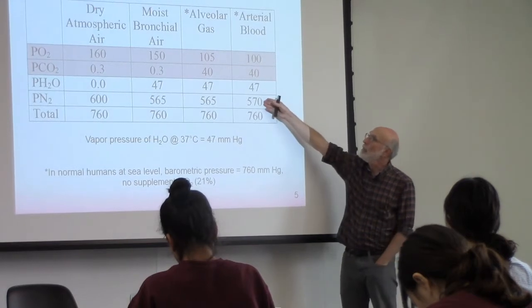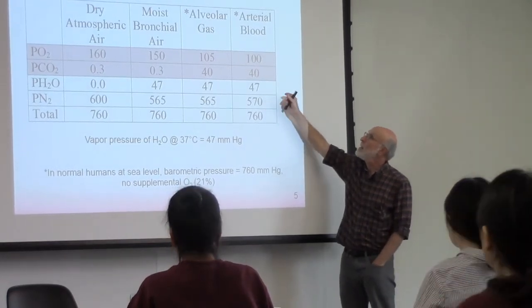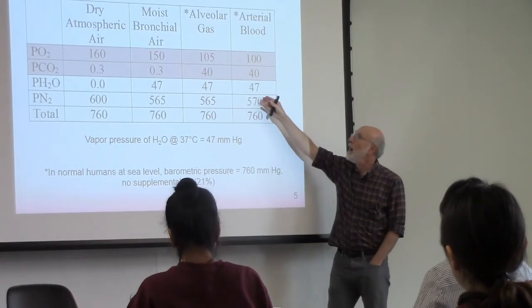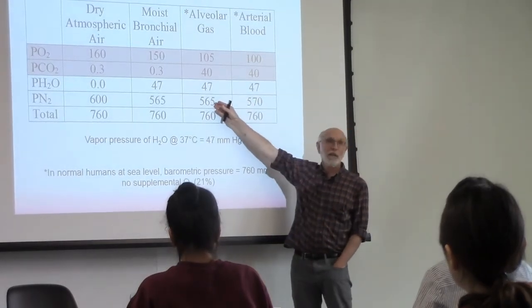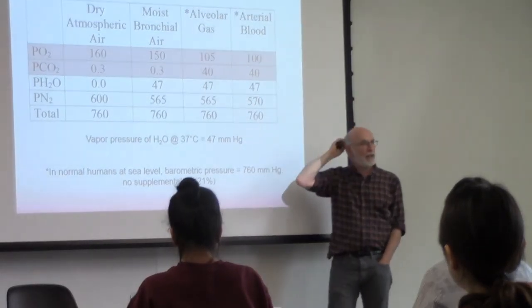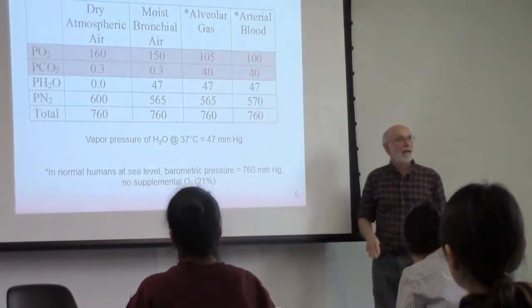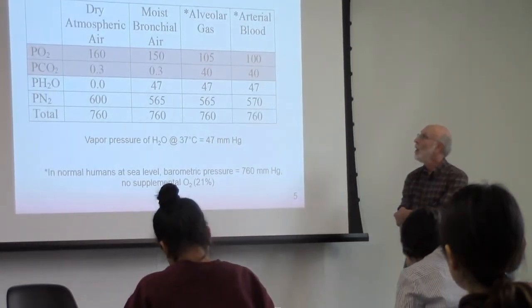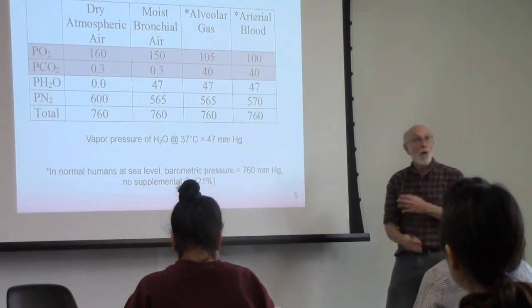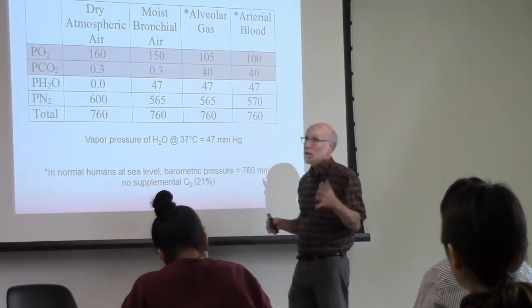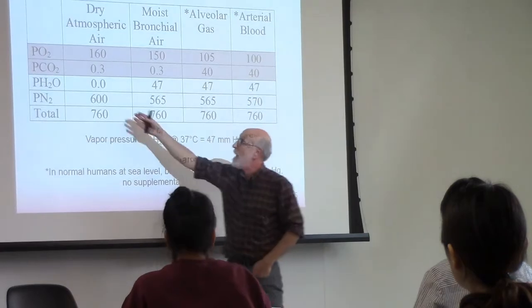Why is the partial pressure of nitrogen slightly higher in blood than in alveolar gas? I actually don't even know the answer to that question, so let's just assume these numbers are the same, okay? But the point is, the nitrogen in air has a partial pressure.